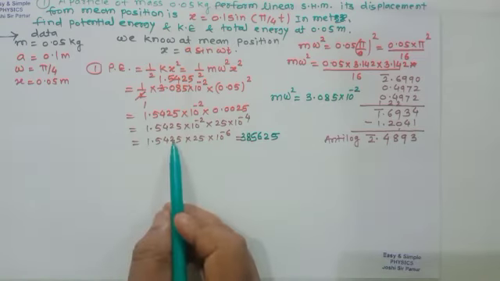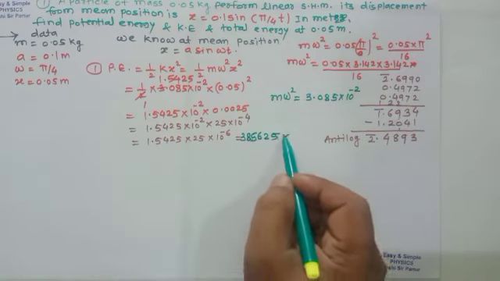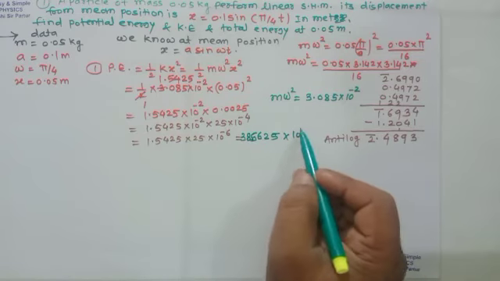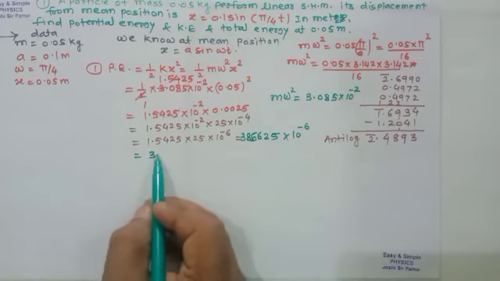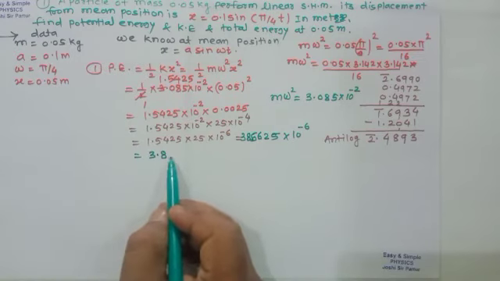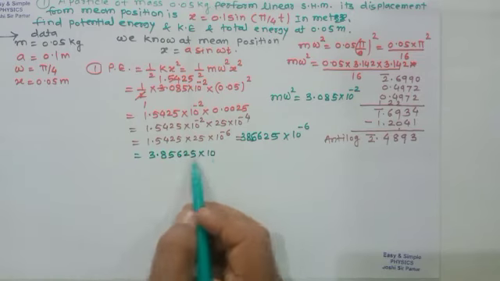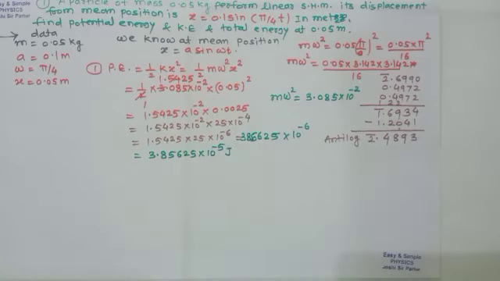So here 1, 2, 3, 4, 1, 2, 3, 4. So 38.5625 into 10 raised to minus 6. So here potential energy will be 3.85625 into 10 to the power minus 5 joule. It will be potential energy.